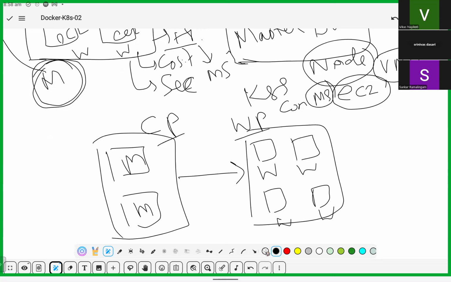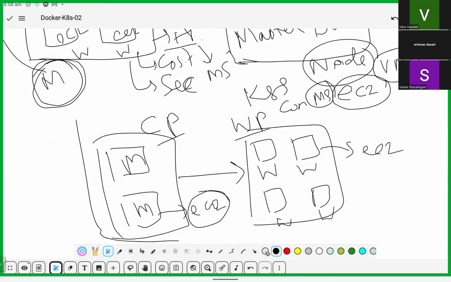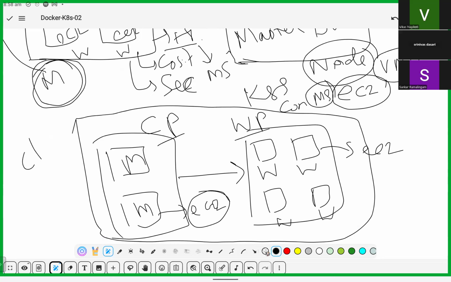Ultimately, each worker node is an EC2 instance. Each master node is an EC2 instance. When we talk about a Kubernetes cluster, the whole thing becomes a cluster. You understand what a cluster is, right? A cluster is nothing but a network of machines connected to each other that behaves like a single machine.